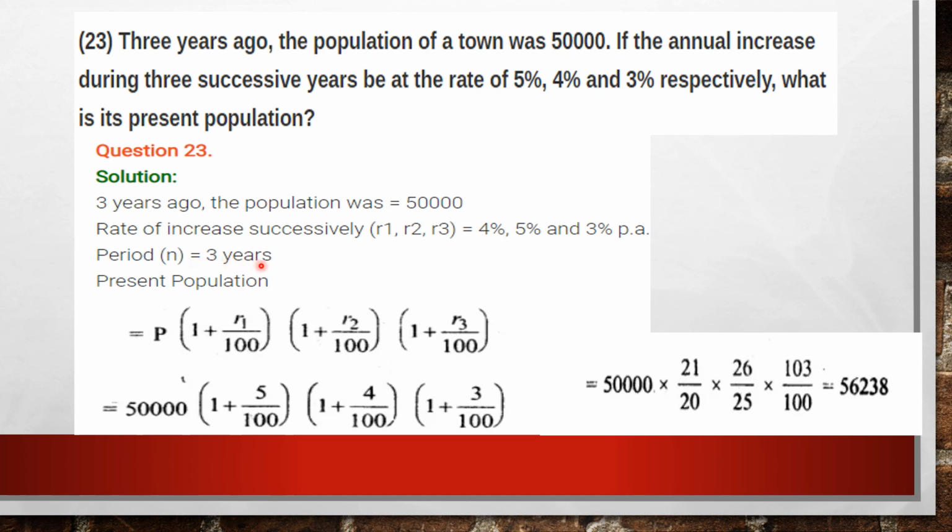Period is equal to 3 years. So apply the successive compound interest formula, that is P into (1 plus R1 by 100) into (1 plus R2 by 100) into (1 plus R3 by 100). So R1 is 5%, R2 is 4%, R3 is 3%. So we get 56,238. So the population has increased from 50,000 to 56,238.